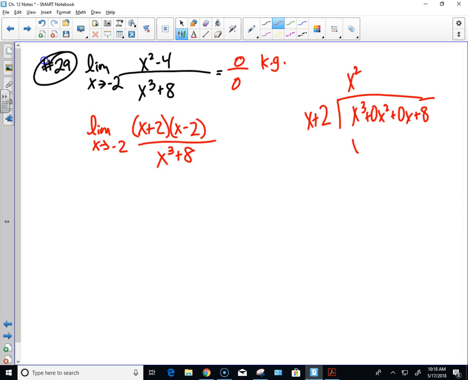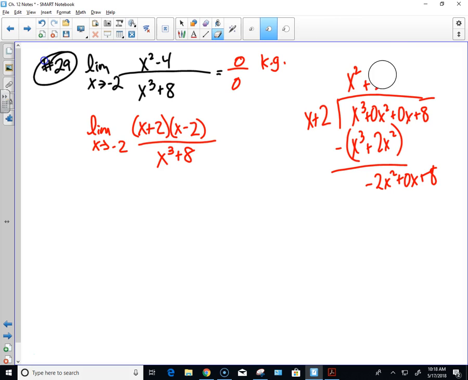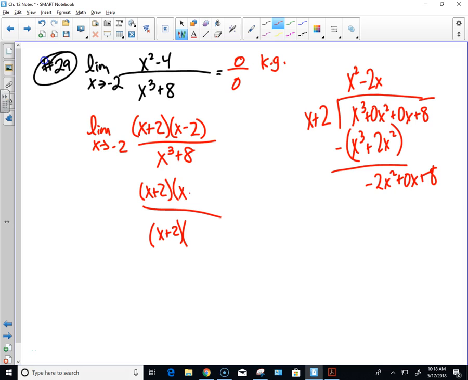Then if I have my x squared, don't forget to distribute your subtraction. Oops, not plus, minus 2x, yeah. I'm trying to figure out who's left, or what else is in x cubed plus 8 besides the x plus 2. Because I know the x plus 2 has to be there. I'm trying to answer the question, what else is there?